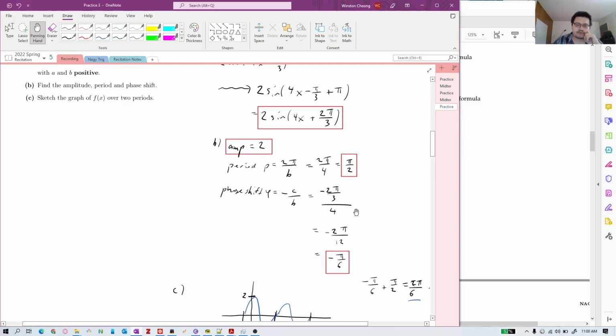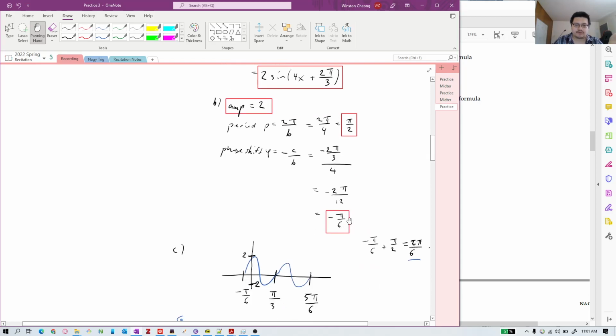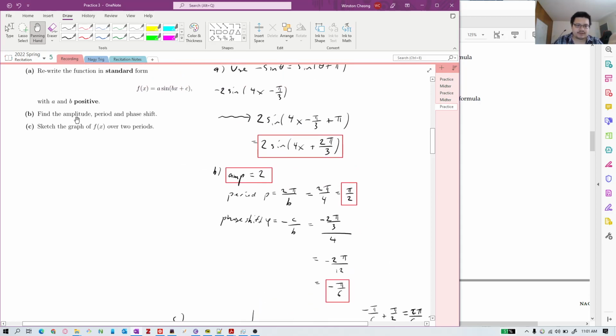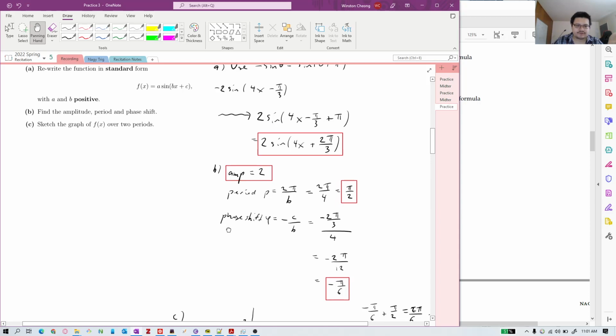But the way you're probably more used to thinking about it is that this division by 4 you can rewrite as multiply by 1/4. Then you multiply across, and you get 3 times 4 in the denominator. So you end up with this, and then that simplifies to minus pi over 6. Okay, so that answers B. We got the amplitude, period, and phase shift.